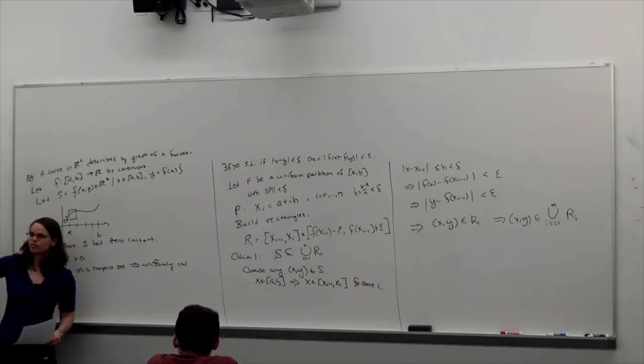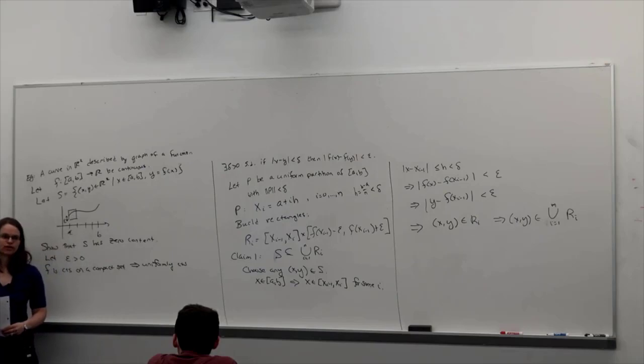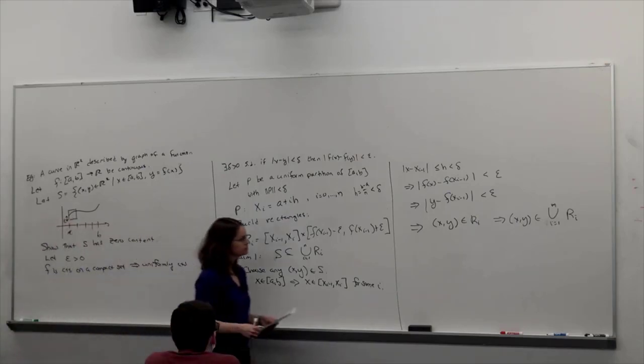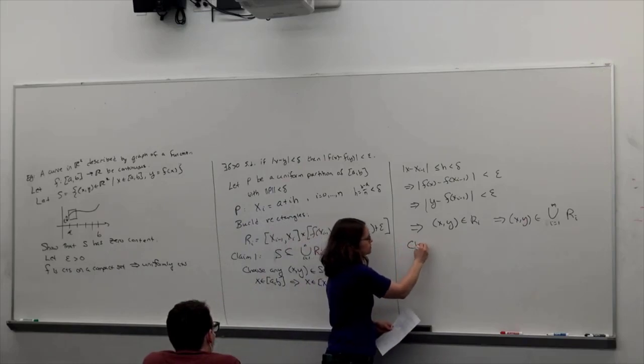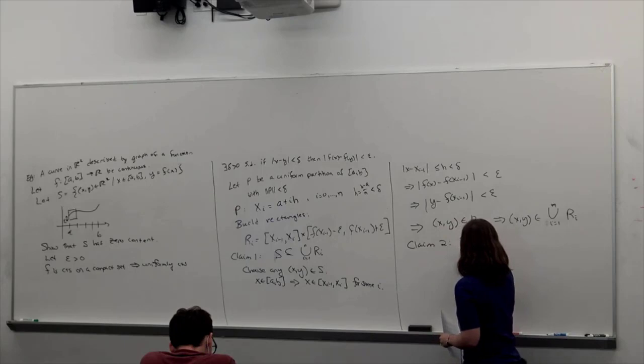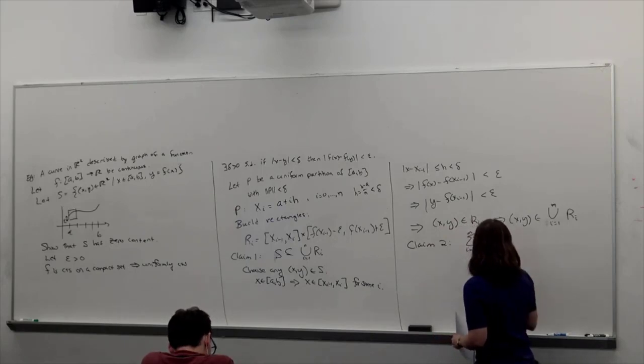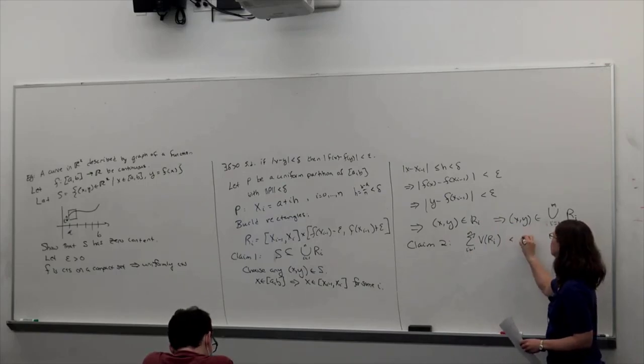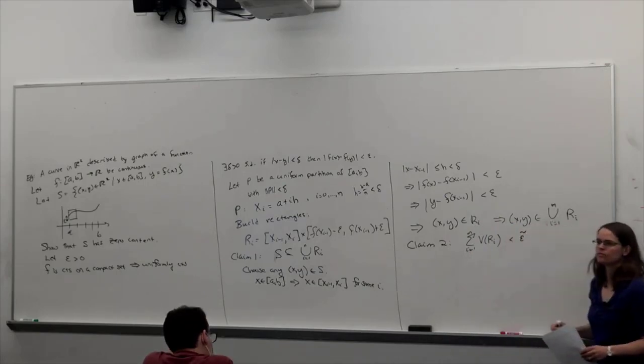So they better be getting smaller in size fast enough to overwhelm the fact that there's a lot of them. So claim 2 is that the volume of all of these is less than something that goes to 0.